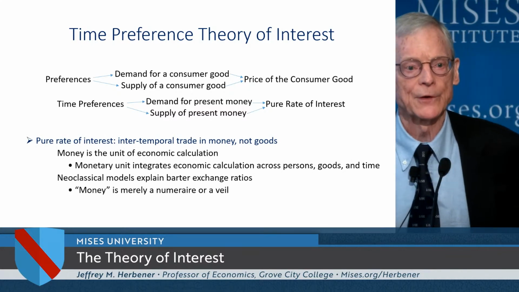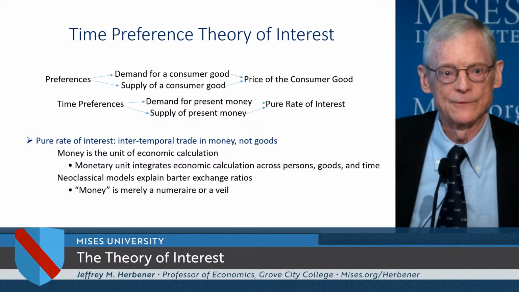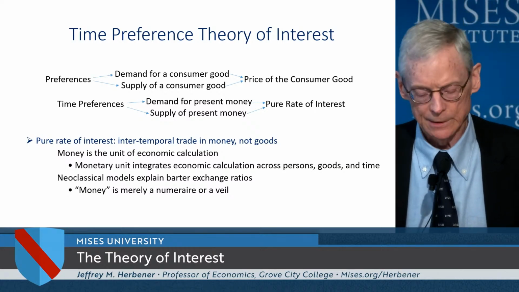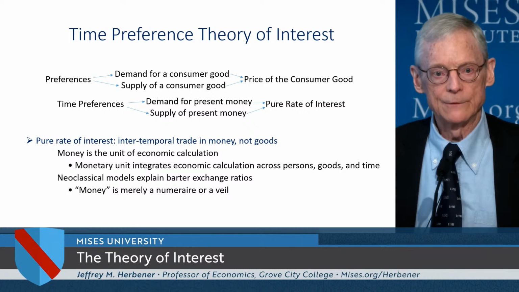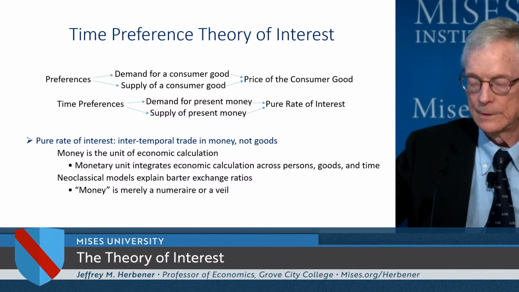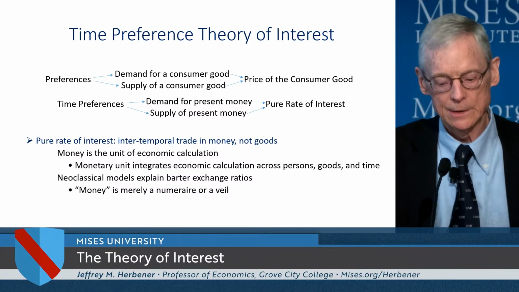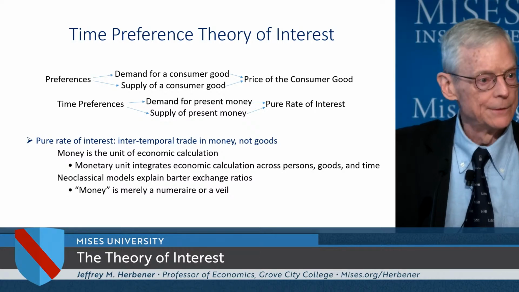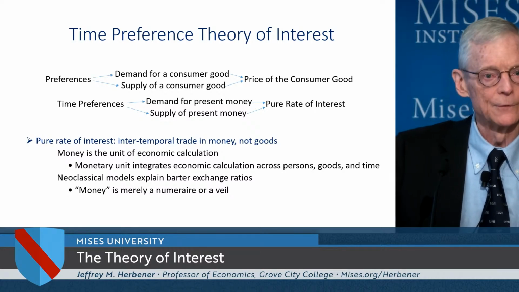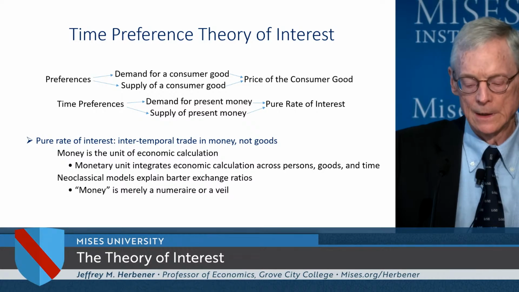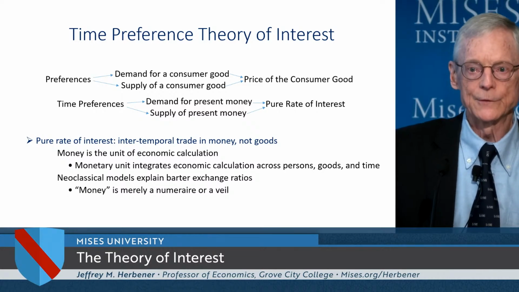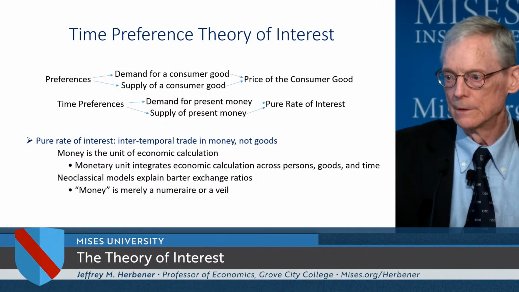Now, I want to emphasize this, and again, I'll fill in the argument here in just a minute. The pure rate of interest is always intertemporal trade of money and not goods. And the emphasis here is that money gives us the unit of economic calculation.